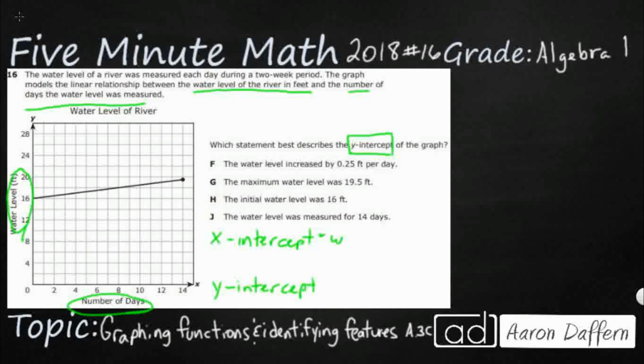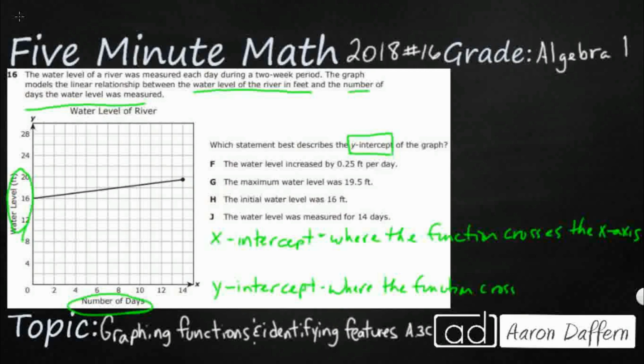So the x-intercept is where the function crosses the x-axis. The y-intercept is where the function, or the line, if you're looking at it like that, crosses the y-axis.